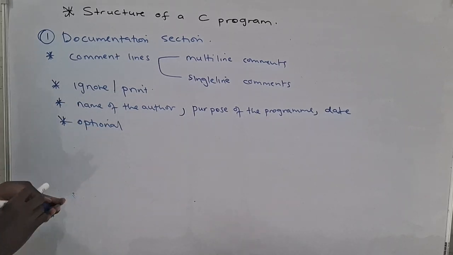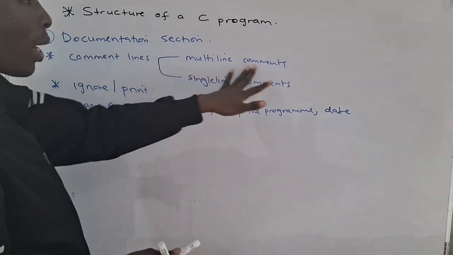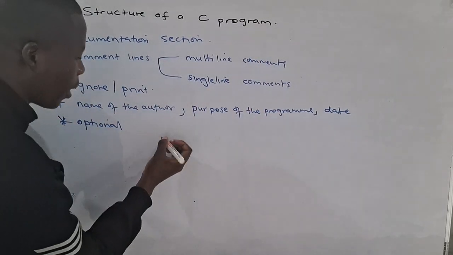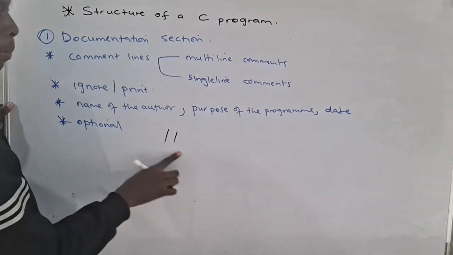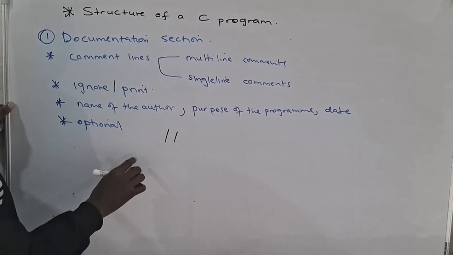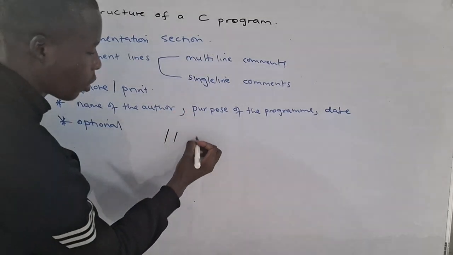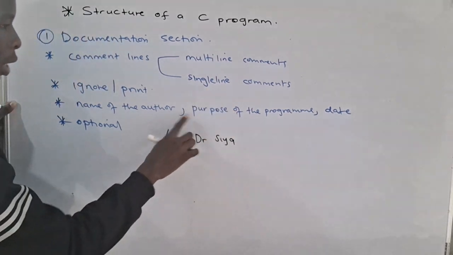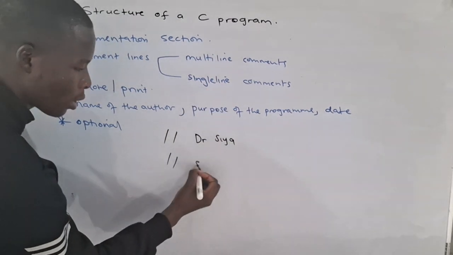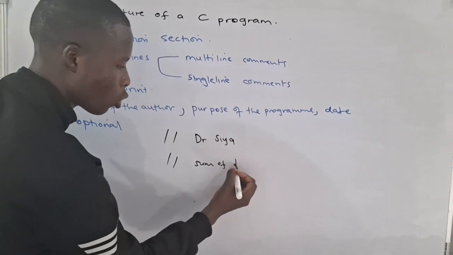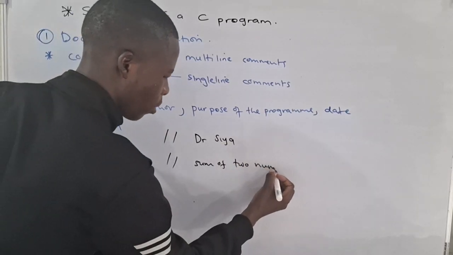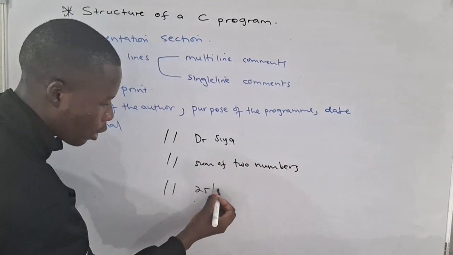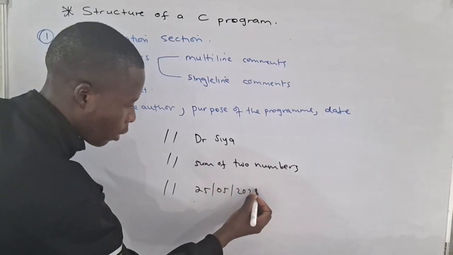Now I'm going to tell you how to use multi-line comments and single line comments. Let's say I write a double slash here, and I write the author name, Dr. Sia. Here I write the purpose of the program: sum of 2 numbers. For the date, I write 25/05/2025.